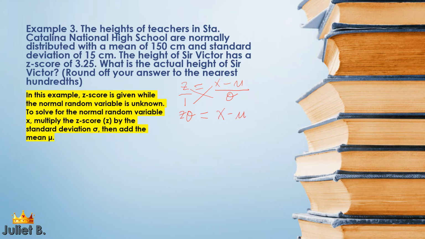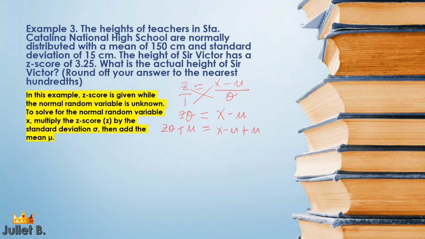Since our aim is to find the normal random variable x, we need to isolate it on one side of the equation simply by using the addition property of equality, adding the mean to both sides of the equation. So this will be z times standard deviation plus mean is equal to x minus mean plus mean.